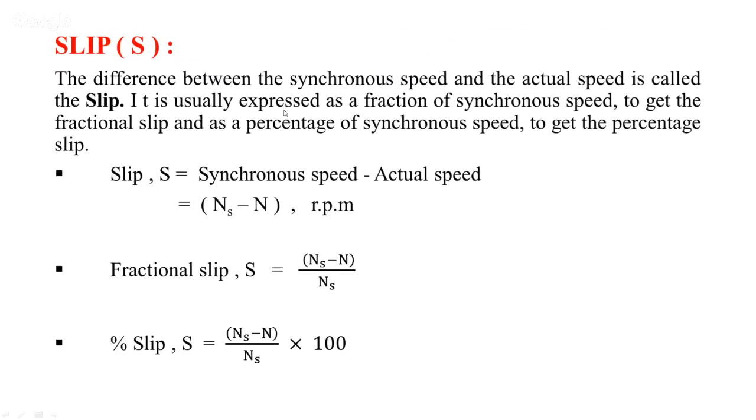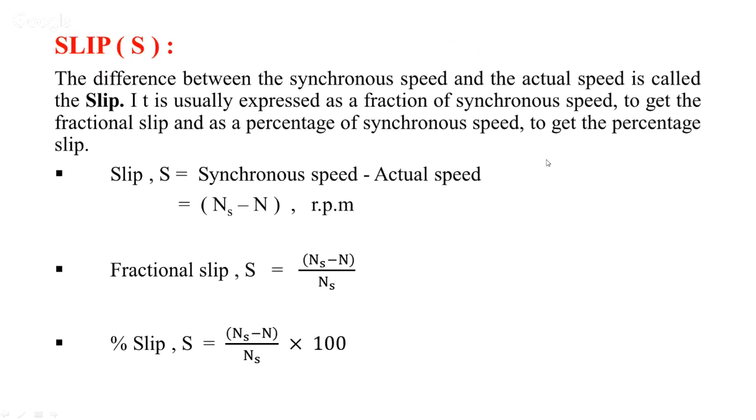Now it is usually expressed as a fraction of the synchronous speed, to get the fractional slip, and as a percentage of synchronous speed, to get the percentage slip. So in different forms you can express it. Slip is equal to synchronous speed minus actual speed.